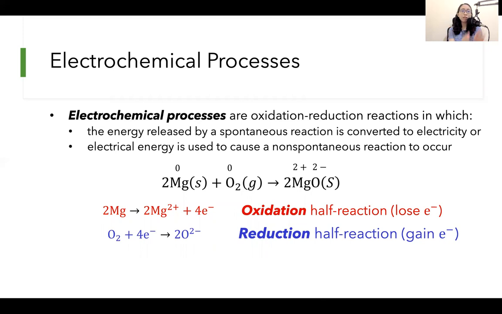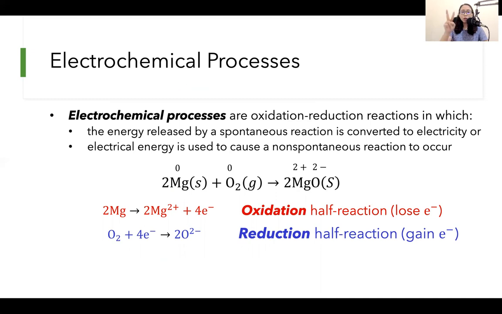That is why we have the "electro" there in the name. And because there are charged particles involved, this also has something to do with electricity. So yes, there are redox reactions taking place inside your battery. That is why it can provide voltage to a toy, for example, or your remote control.